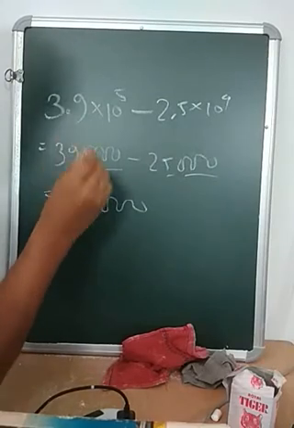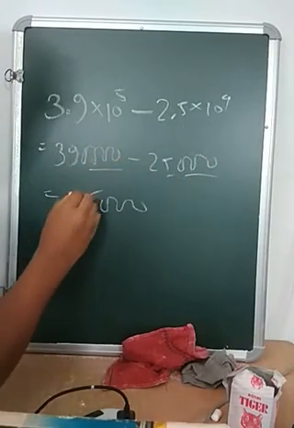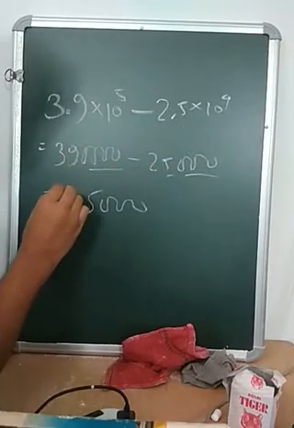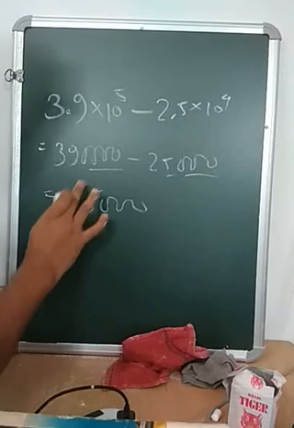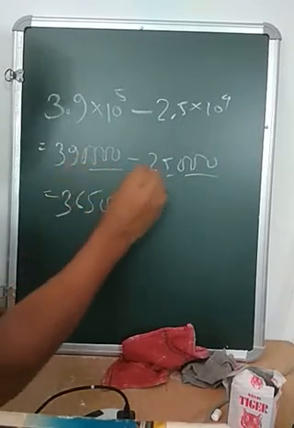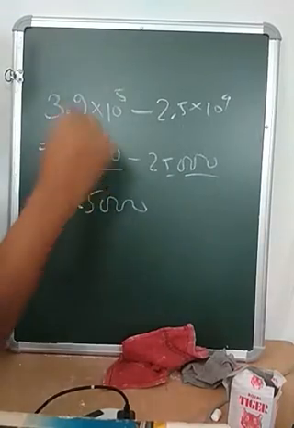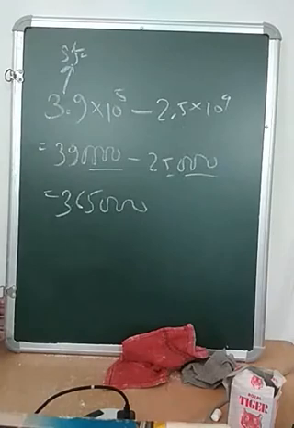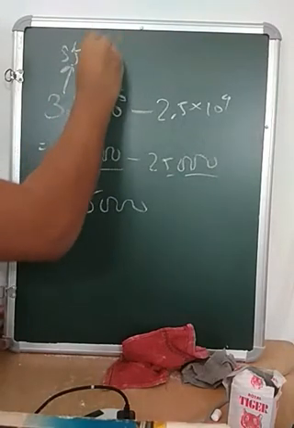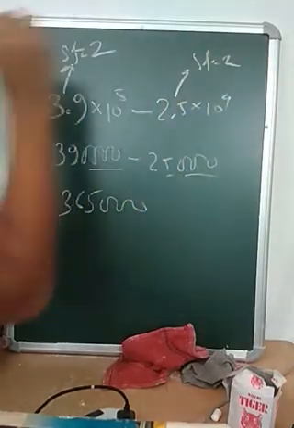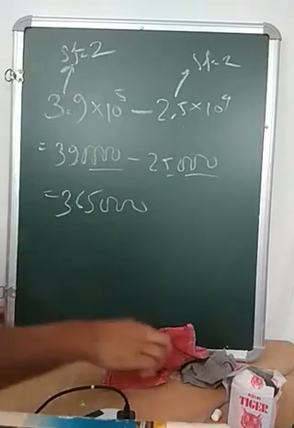It will be 3.65 and so on. See, what is the significant figure of this number? For this the significant figure is 2, 3 and 9, and for this the significant figure is 2.